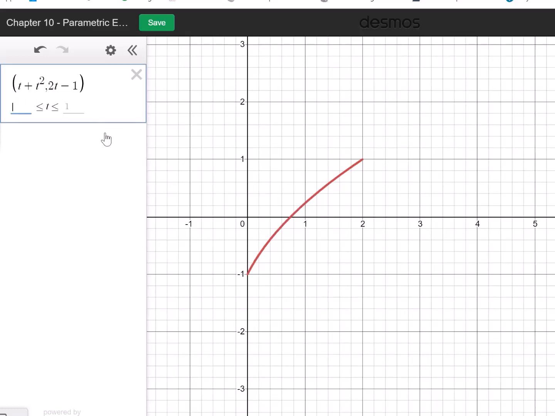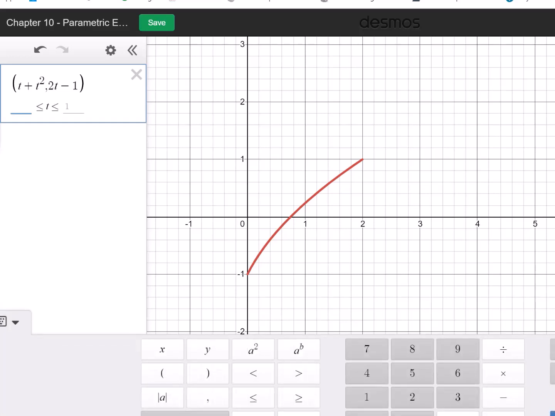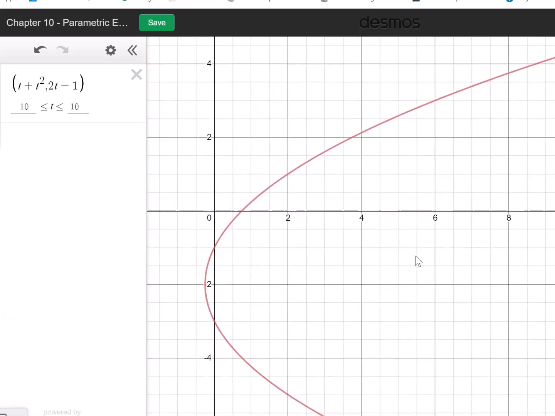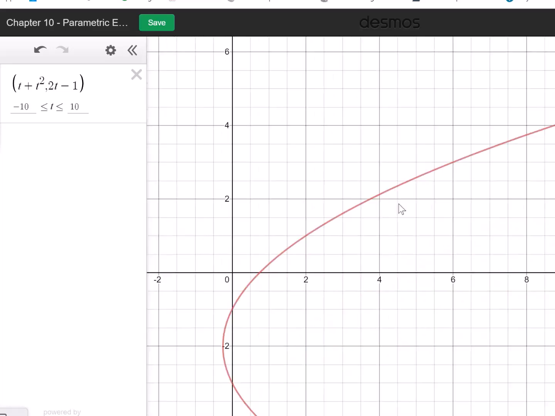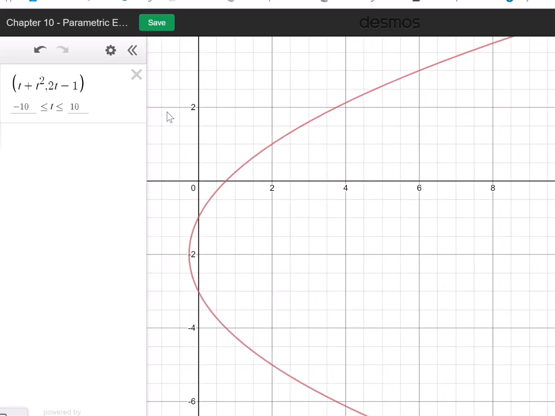This is editable though, so right now it's just showing me that little piece where the parameter is from 0 to 1, but I can edit that and say, well, I want to look at it from maybe -10 to 10, and I can do that. Okay, and we can see that parametric equation being graphed.